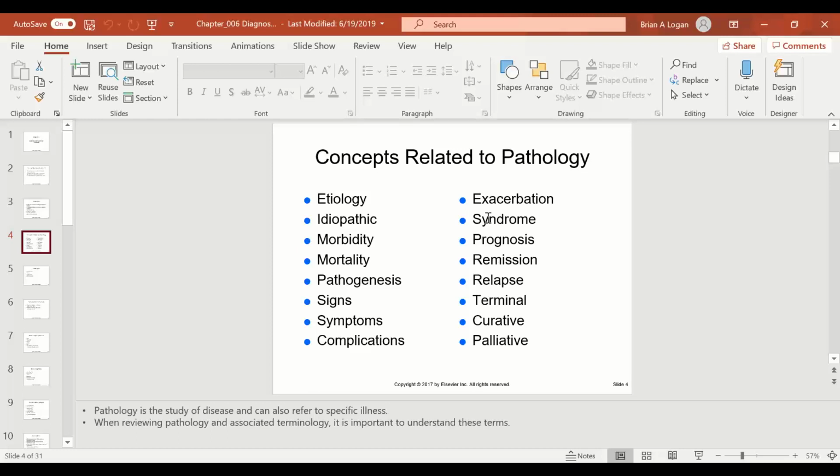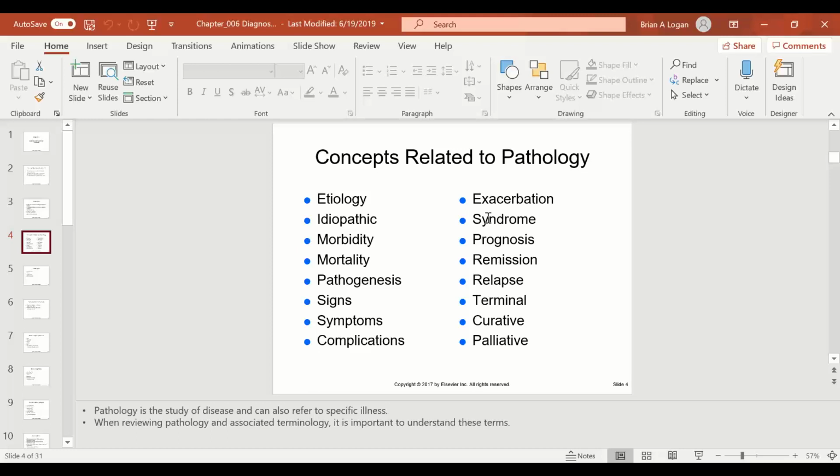And then we know how to treat that disease. Some words to wrap your head around are things like etiology. That's the study of its origin. Where did that disease come from?